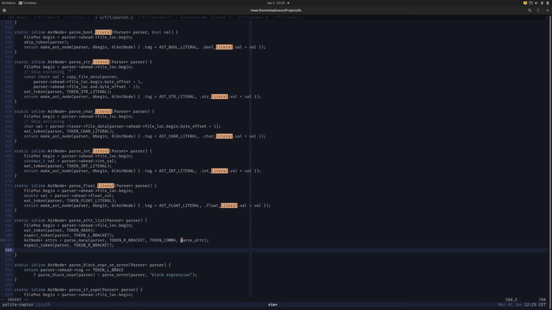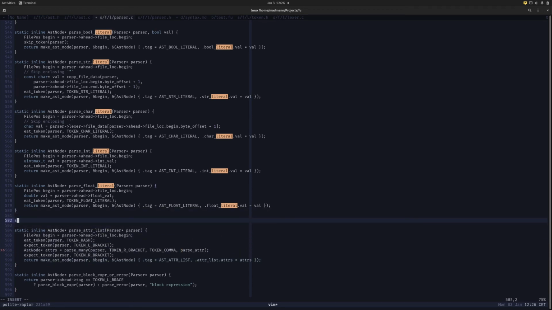And finally, I return a node made of these things. And then I have to say attr list dot attrs is equal to attrs. All right. Now the only thing missing is to write this parseAttr function, which I'm going to do right now.